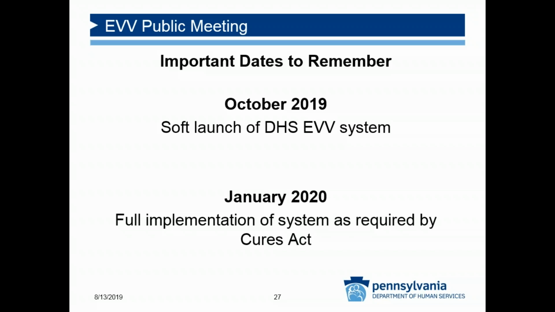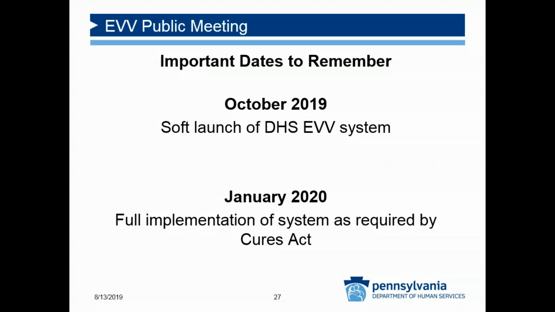So it is a little bit of a difference there, but we are expecting all other providers to meet that date. DHS will be using the time between October and January to determine what we consider pain points for providers, make any adjustments to our system on our end, and provide technical assistance to providers as well.